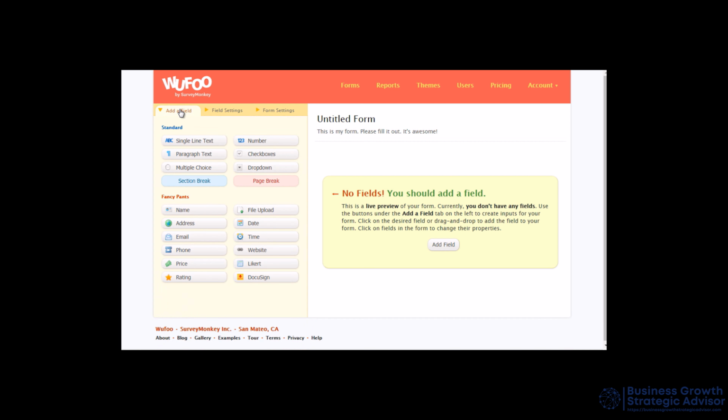But if we go over to add a field, in terms of building out your survey, what you want to do is stick with questions that are very easy and non-threatening in the beginning, such as what is your age, what is your name, what is your email, something that is very non-threatening. Because what happens is if you put in questions that people feel are invading their privacy in the beginning, then they will be more skeptical or even reluctant to complete your survey.